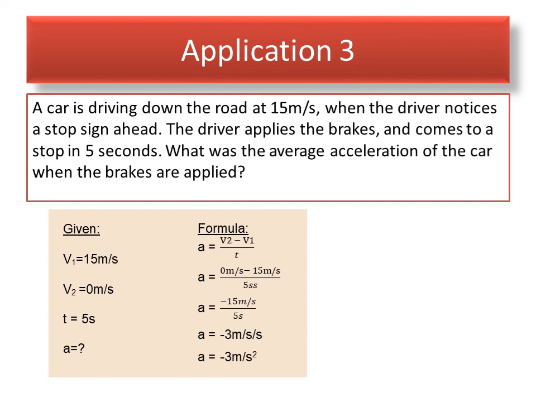What does the negative mean? Negative acceleration, because the car was slowing down rather than speeding up. So we say that the car was decelerating 3 meters per second each second, or it was going into negative acceleration.